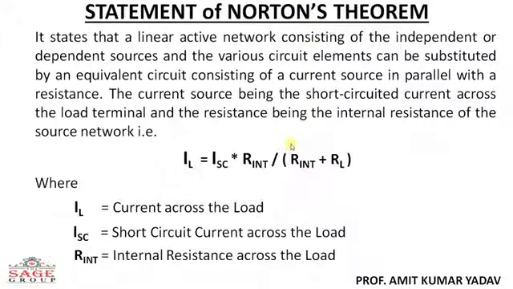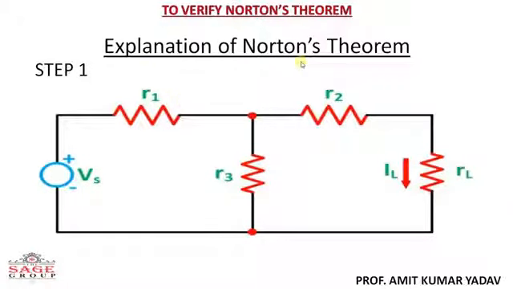The only difference is that in Thevenin theorem we find the Thevenin voltage across the load terminal, but in Norton theorem we find the short circuit current across the load terminal. That's why the formula changes, but both theorems are almost the same. Okay, let us understand the Norton theorem with an example.